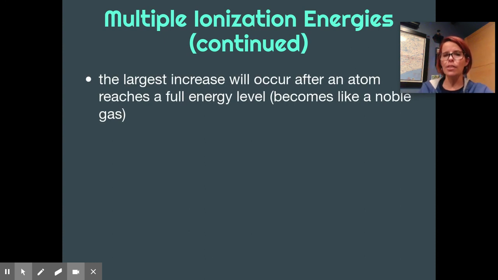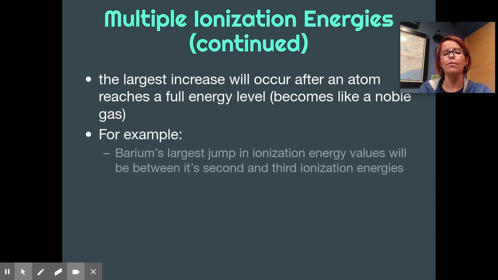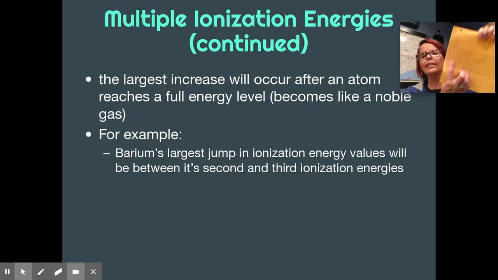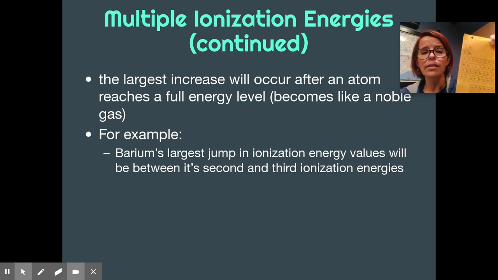The largest increase in ionization energy, the time that it becomes super hard to pluck off that next electron, occurs after an atom reaches a full energy level. In other words, it becomes like a noble gas. For example, take a look at barium. So barium is right here. It's kind of like the magnesium one that I just gave as an example. So barium has 2 electrons in its outermost S shell.